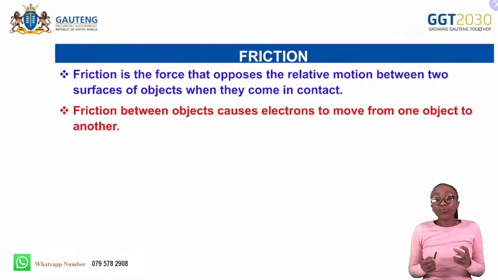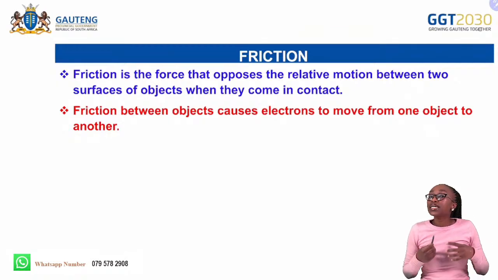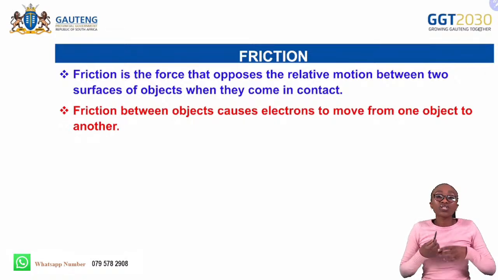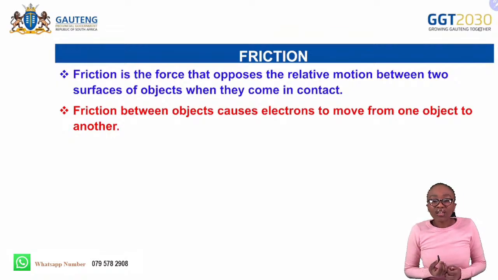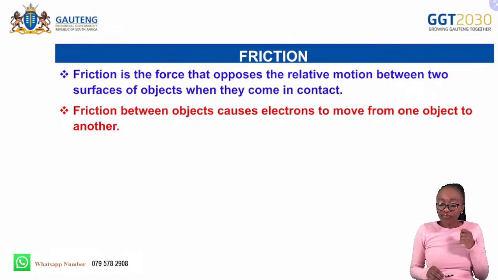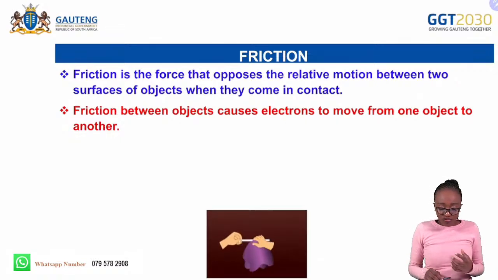So now friction between two objects causes electrons to move from one object to another. Remember, all matter is made up of particles, and those particles are atoms, whether those atoms are within molecules or whether they are within compounds, but those particles are atoms. And remember, atoms have electrons. So friction between objects causes the loss of electrons from one object and is going to move to another.